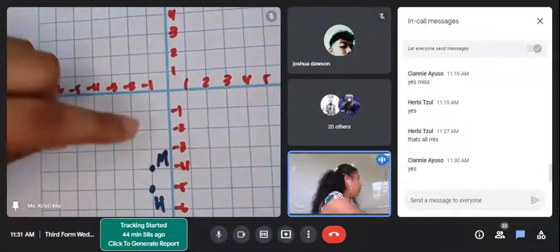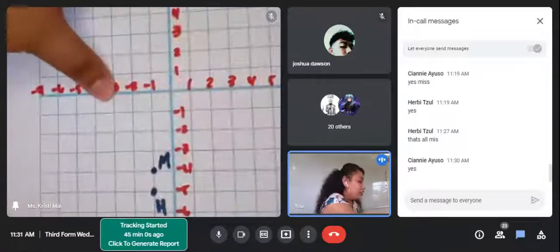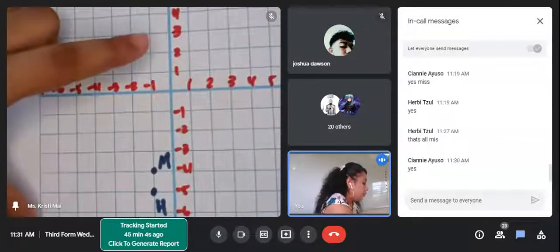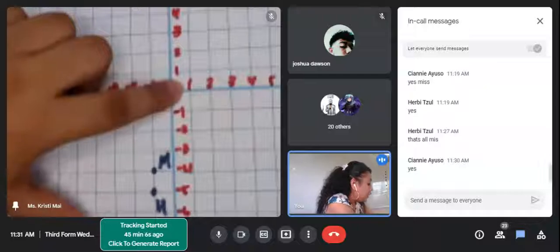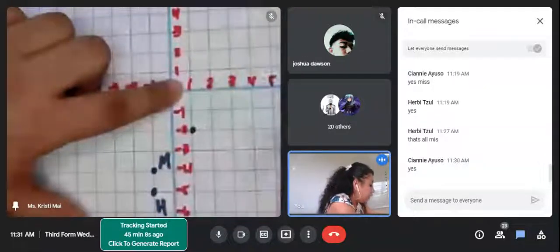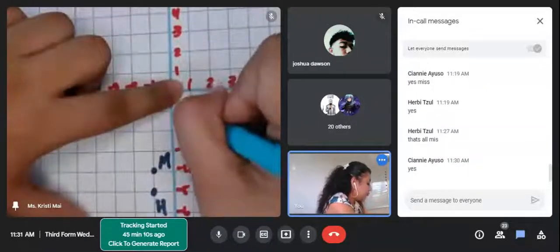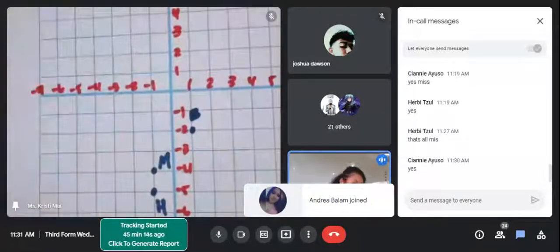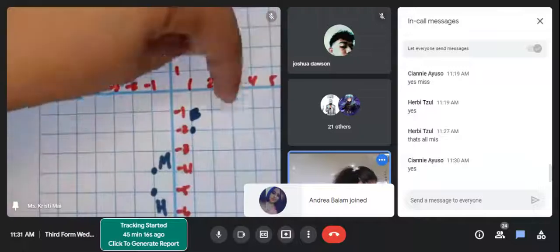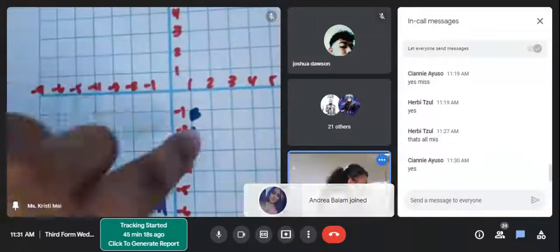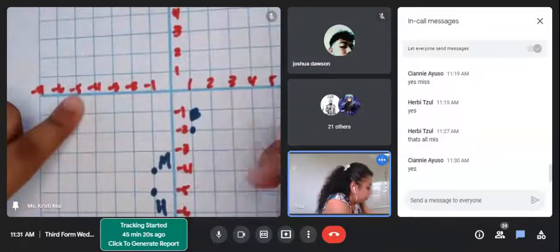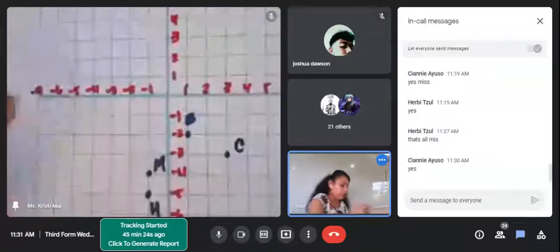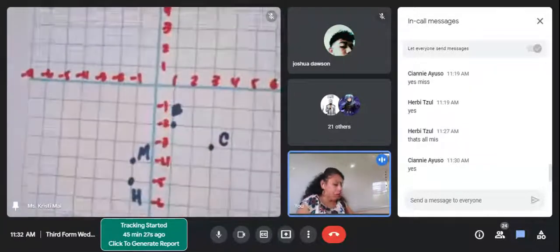The other one is B. It says B is 1, -2. So you have 1 and then -2 right there. This is going to be B. And then you have C, which is 3 and -3. And this is going to be C. And then those are the points.